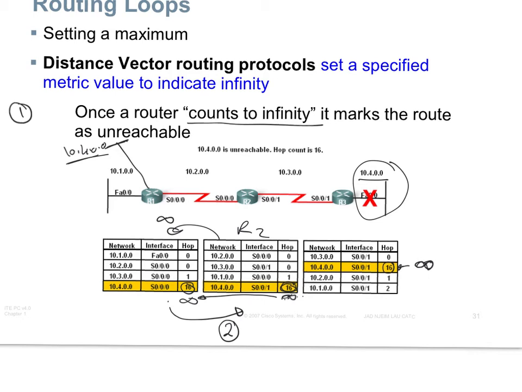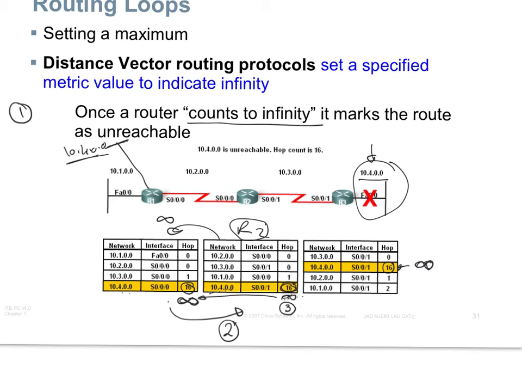Router 2 will say, oh, okay, I have infinity here, and R1 is telling me that it has a metric of 2 about network 10.4.0.0. So in that case, R2 will have no reason to reject it, right? So R2 will insert the 10.4.0.0 here with a metric of 3. And R1 will in fact insert the 10.4.0.0 with a metric of infinity.